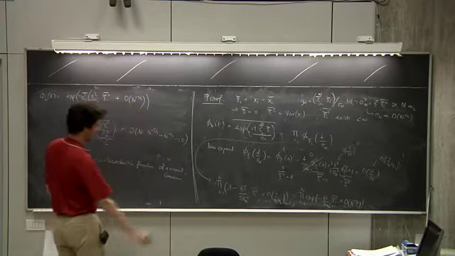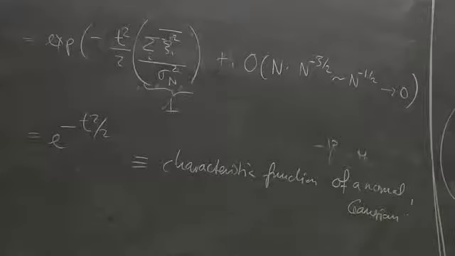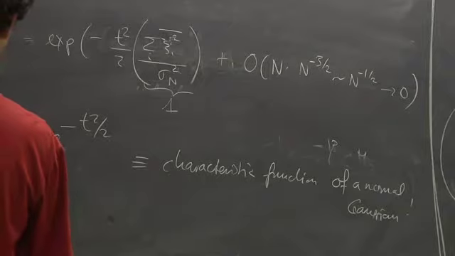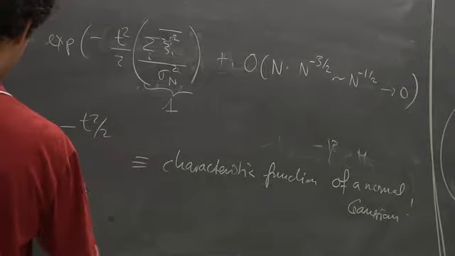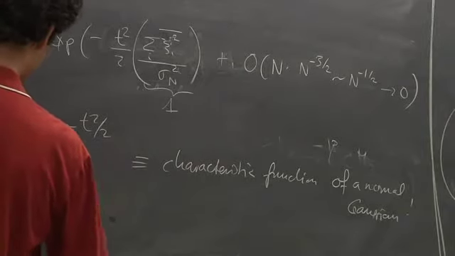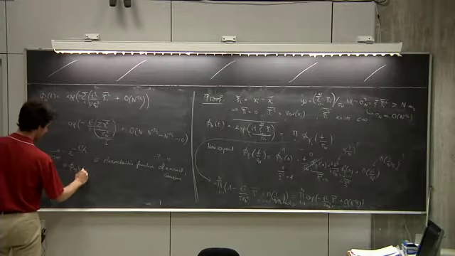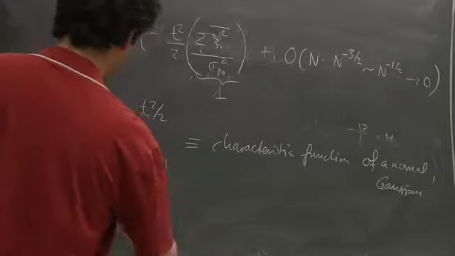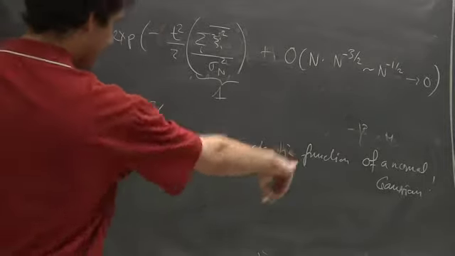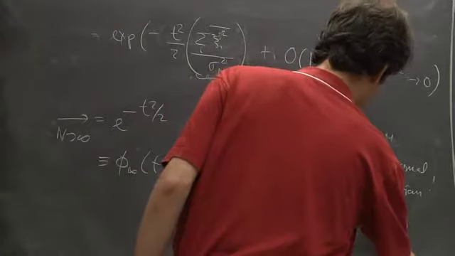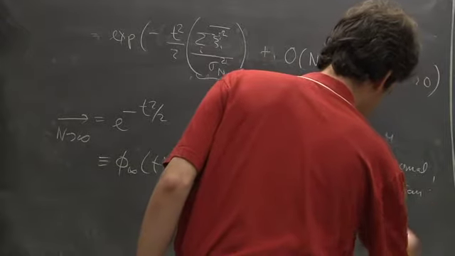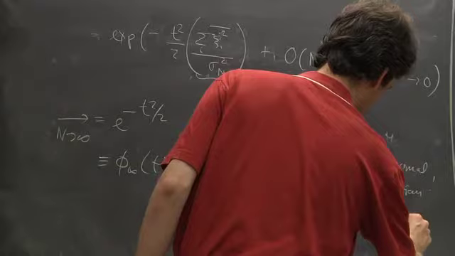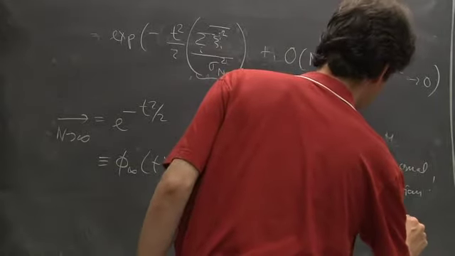Now this tends to this limiting function, which is what I previously called phi infinity of t. So this is the characteristic function of the normal Gaussian, which is my limiting distribution function of y.